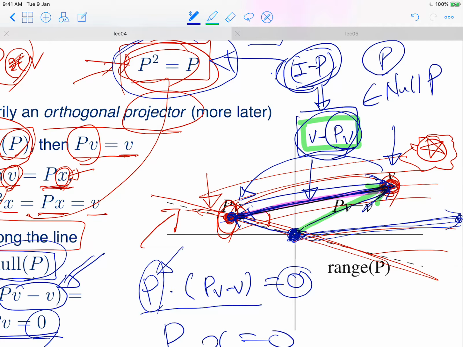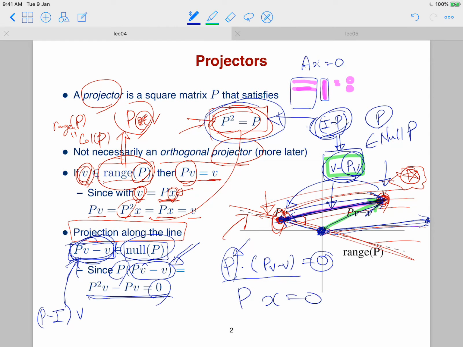So given any vector v, we have Pv and I minus P times v, and we can always decompose this vector into the sum of these two projection parts. So that's the meaning of this complementary relationship between the original projector P and the complementary projector I minus P.